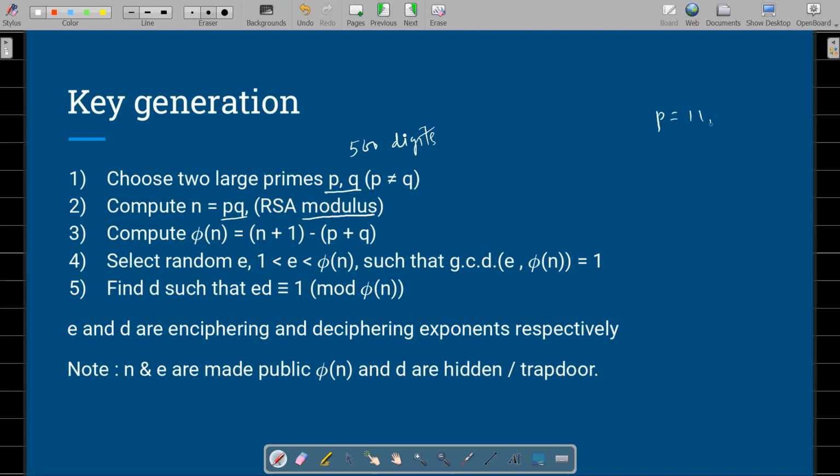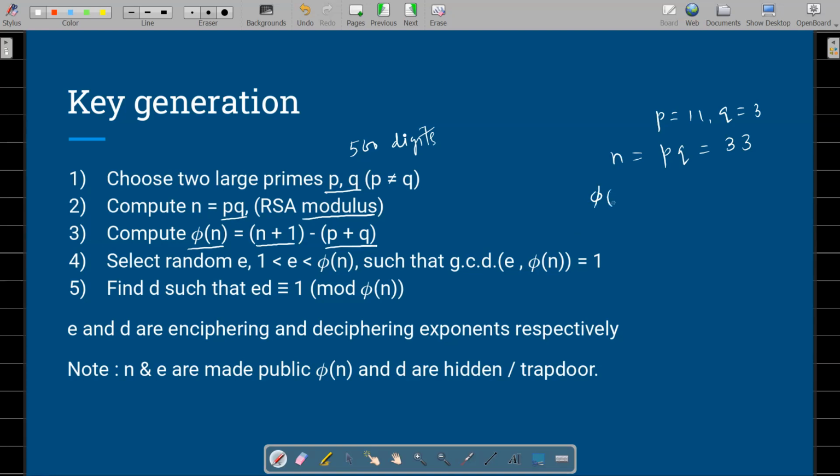So suppose P is 11 and Q is 3. Of course, we can't work here with huge numbers. So n will be PQ, that is 33. Then compute phi(n), and for large numbers, you can find phi(n) by just this formula, which we saw some time back.